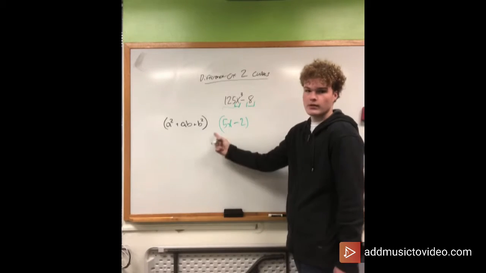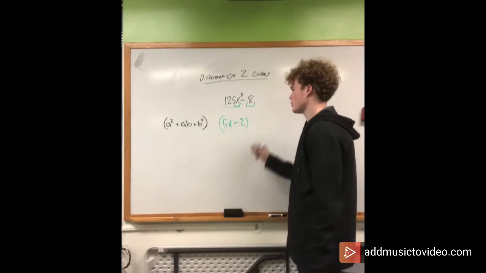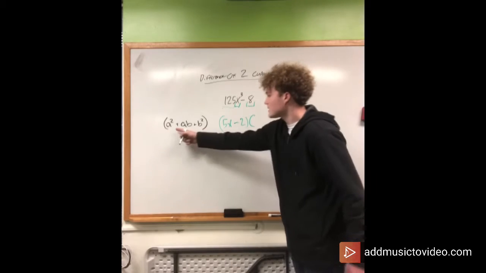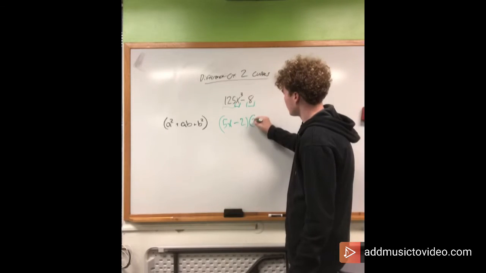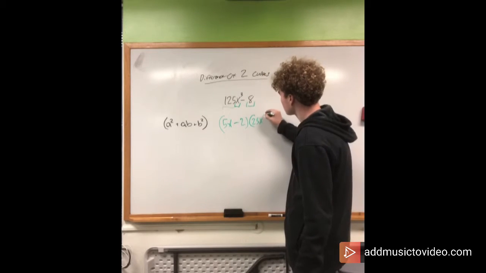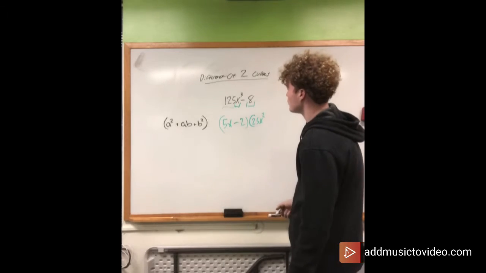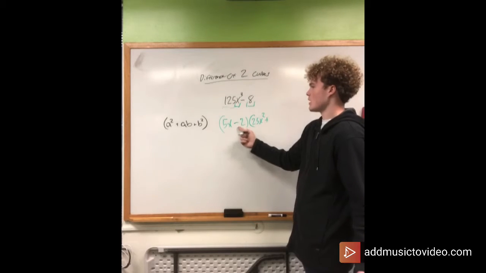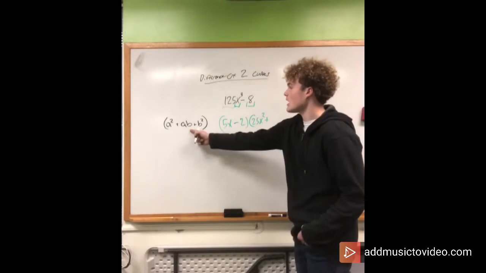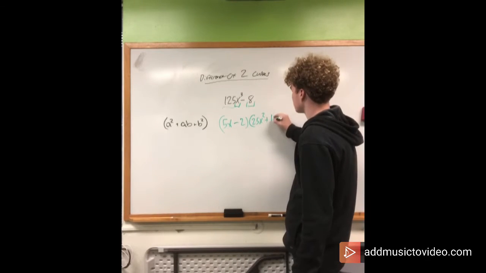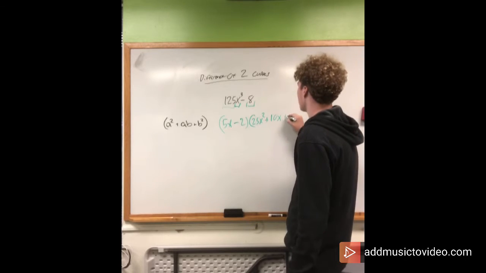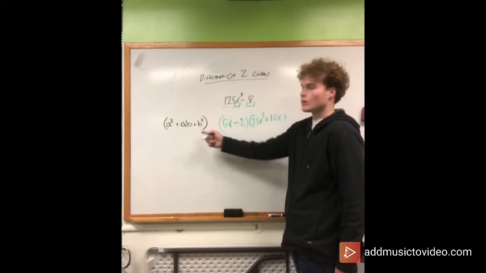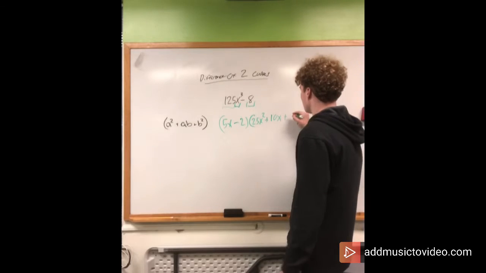And then using this formula, you would get your next parentheses. A squared, which should be 25x squared. And then you would do the opposite sign, because that's SOAP, the opposite of the subtraction sign is a plus sign, plus ab. So you would get 10x, always positive because of SOAP. And b squared would be 4.